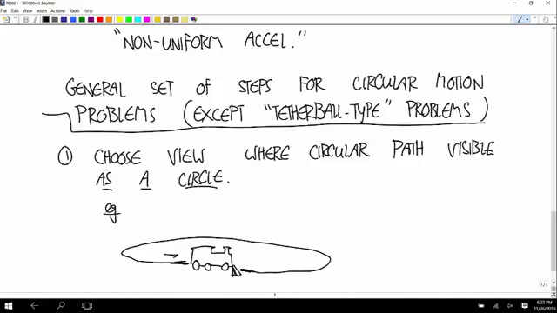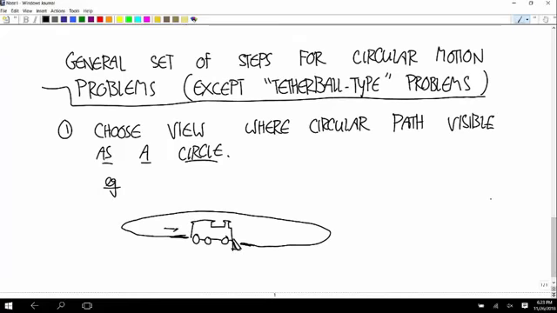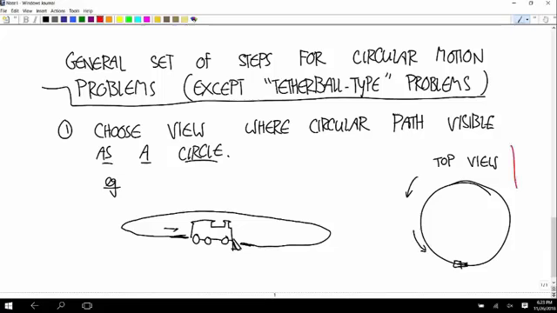The view that we would want in that case would be the top down view, where you see something like this. This is the one we want.